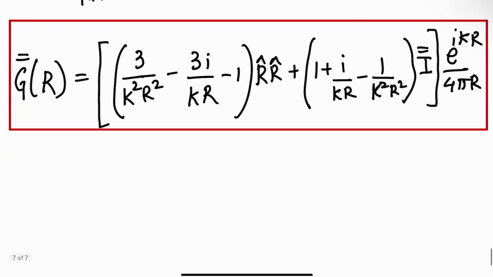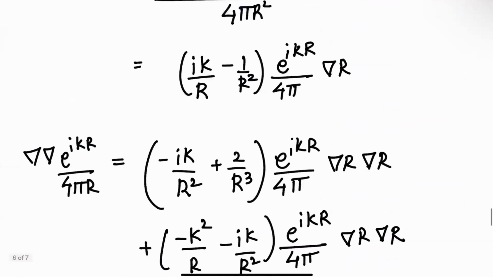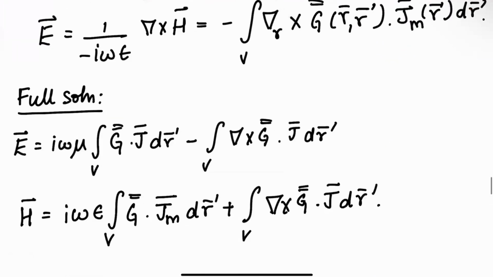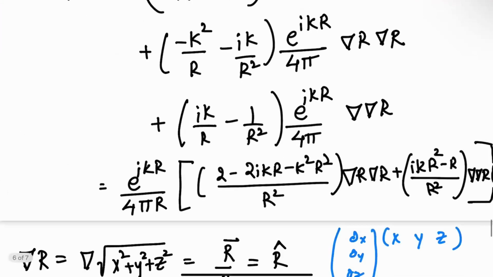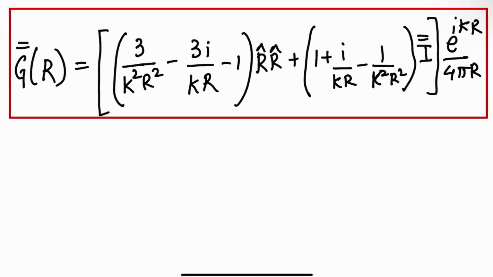Okay, so we computed the Green's function explicitly, but we also need the curl of the Green's function. Luckily for us, that's not that complicated. Why is that? If I want to evaluate the curl of the Green's function, I don't use this lengthy form.